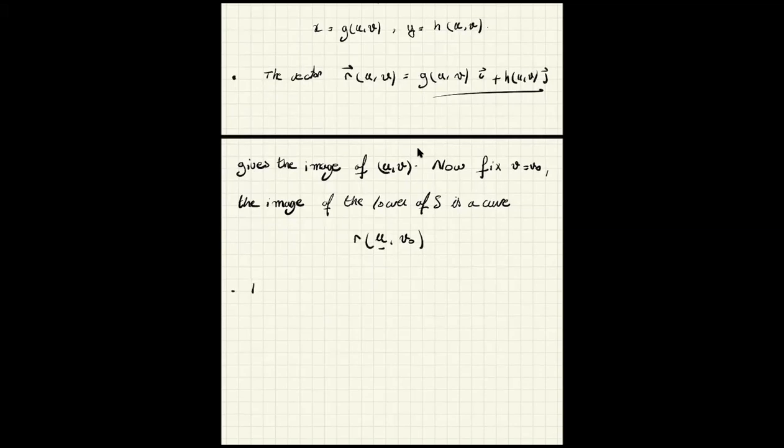So the tangent vector at, so here you really need to follow me closely because we are really talking about the image of the lower side of S. The lower side of S is a curve, right?